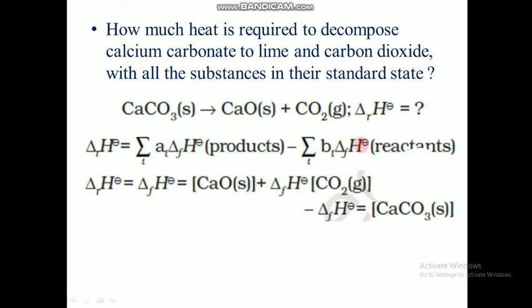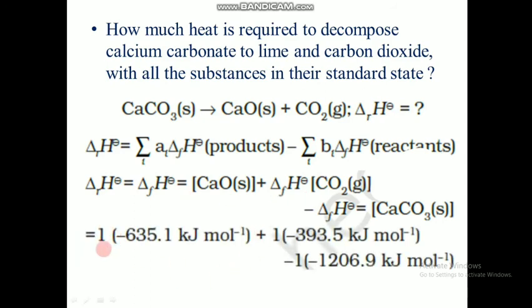So the product part is done. Enthalpy of formation of CaO plus enthalpy of formation of CO2 minus enthalpy of formation of CaCO3 from its elements. So this is the equation we have, and the values for this we will get from the references, like the table which is given in your textbook. So from that we are substituting the values.